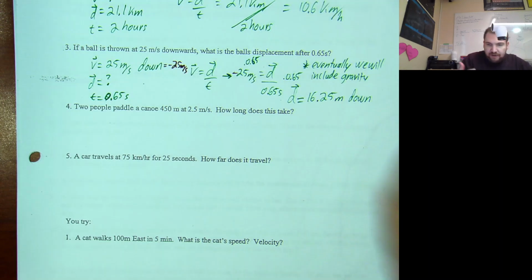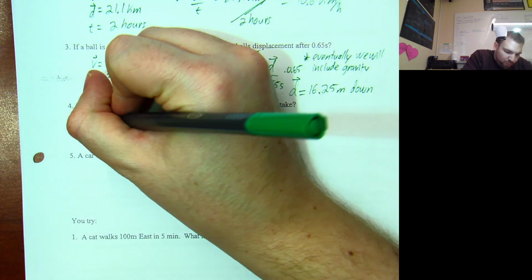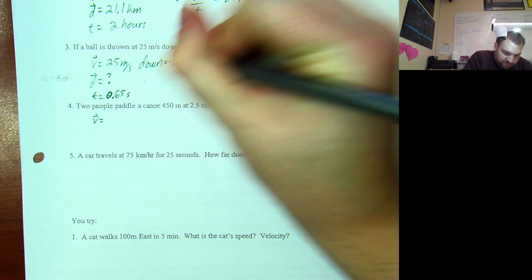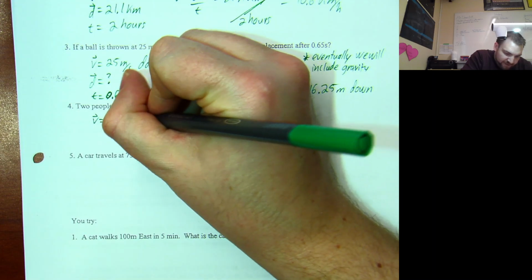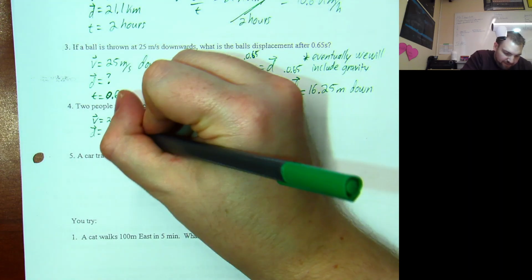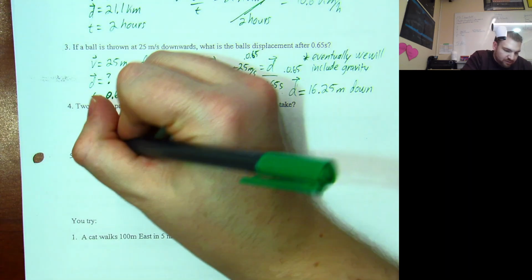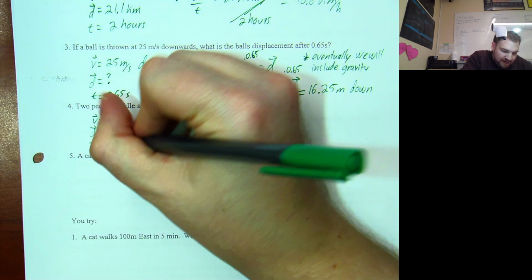So again, actually this is a new one, we're looking for time. We're given a velocity, 2.5 meters per second. We're given a displacement, 450 meters. Are the units on both of those consistent? You betcha. So we're looking for a time.